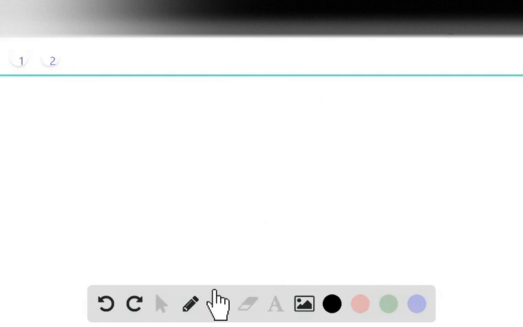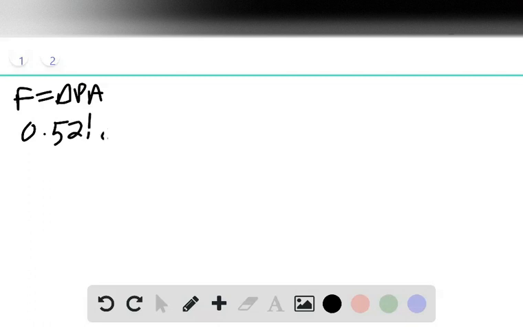So F equals, again, just to rewrite, delta P times A. So delta P is 0.521 atmospheres times the area that we just found. Oh, excuse me, we have to convert to pascals: 1.013 times 10 to the 5th pascals.